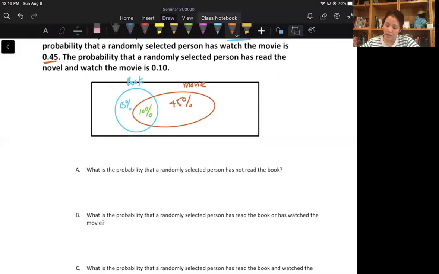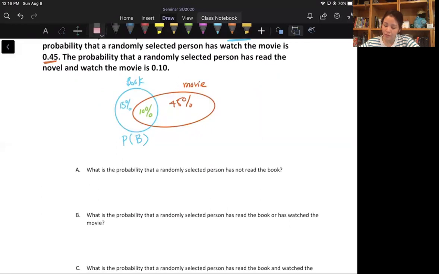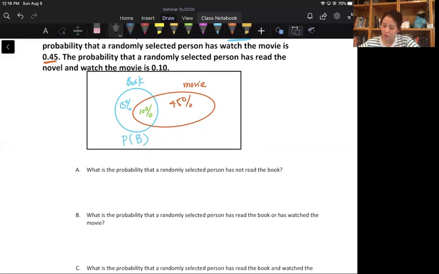Let's denote P of B as the probability of reading the book, and P of M as watching the movie.